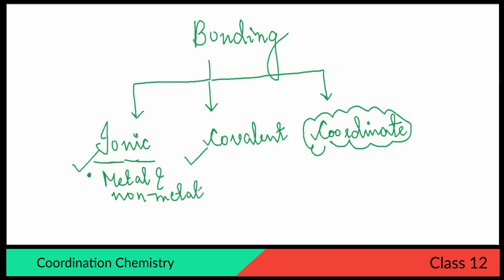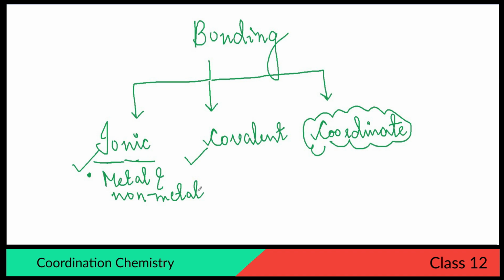If I use chemistry terms, I would say ionic bond was a bond formed between two entities having a striking electronegativity difference.